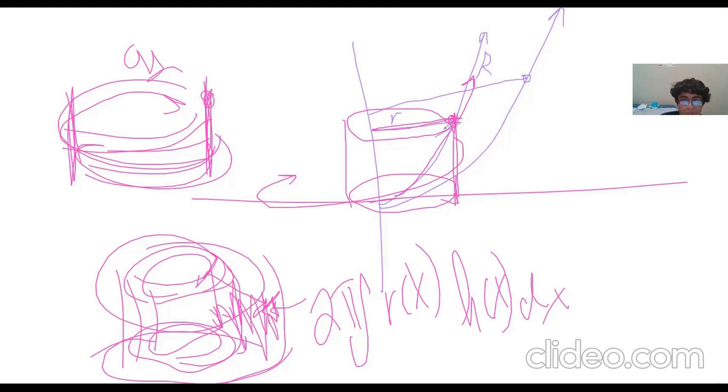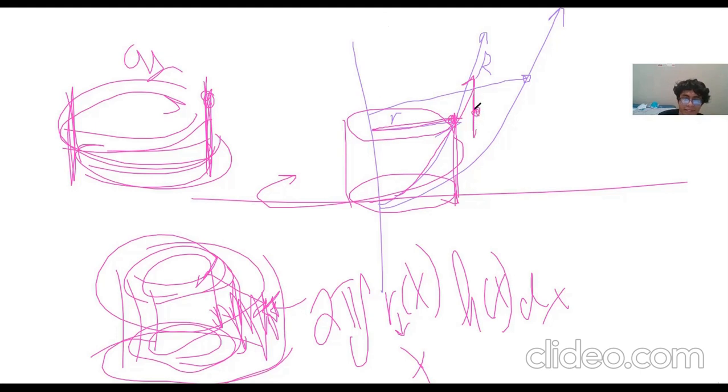The x value that you plug into the function is the radius. So r of x is just the x that you're at at that given moment, because greater x means greater cylinder radius. It has farther to come around.